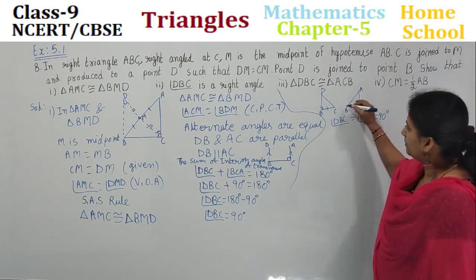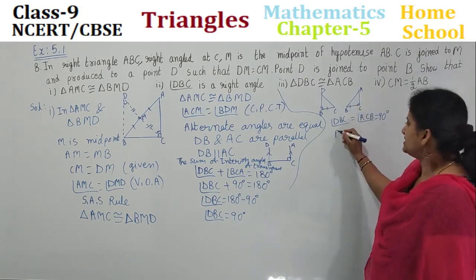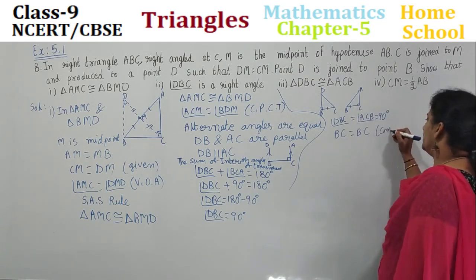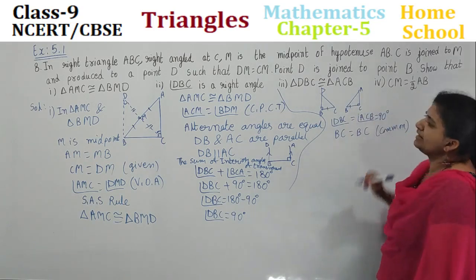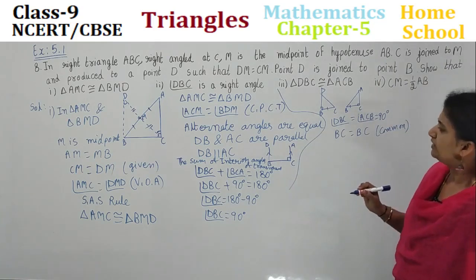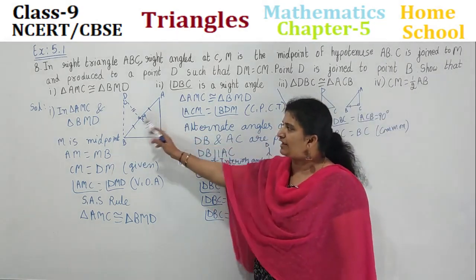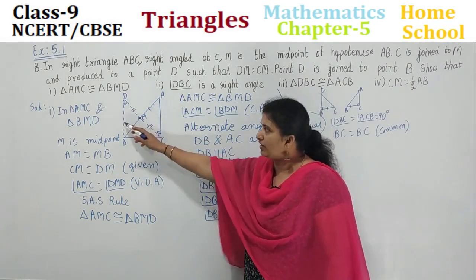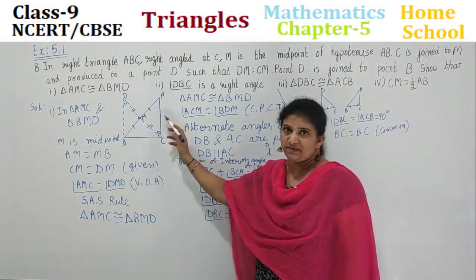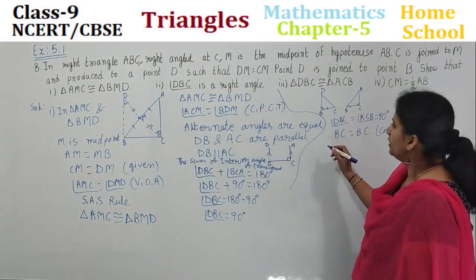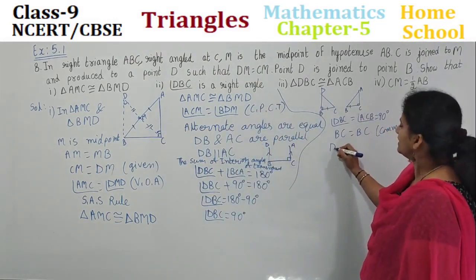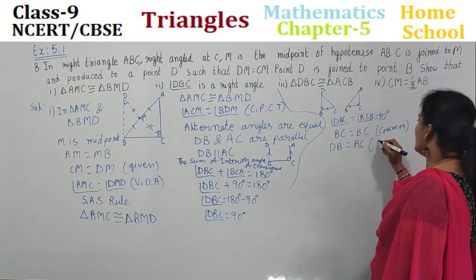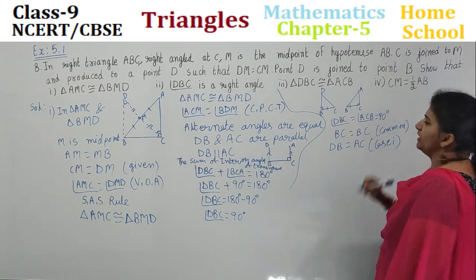And compare here, BC is common. BC is equal to CB. Now observe carefully. When these two triangles are congruent, these sides are equal by CPCT. By the first case, I can say that DB is equal to AC, as I proved in case 1.